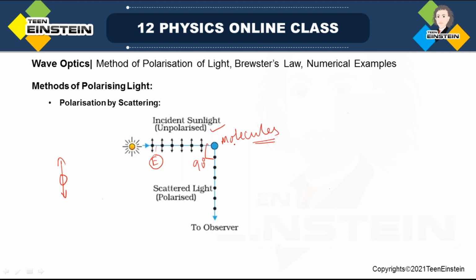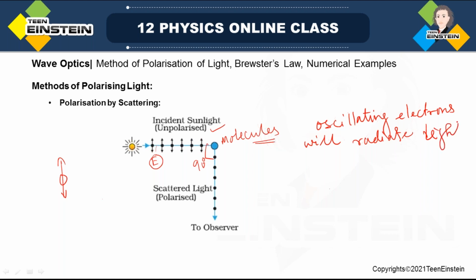So these oscillating electrons will radiate light.